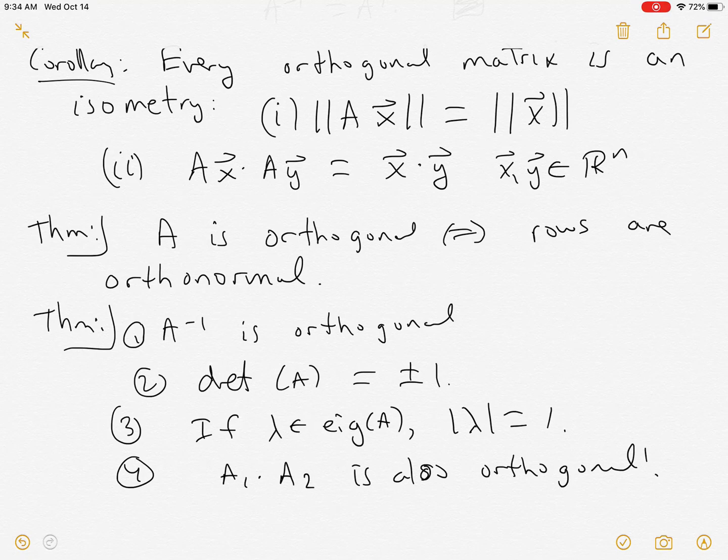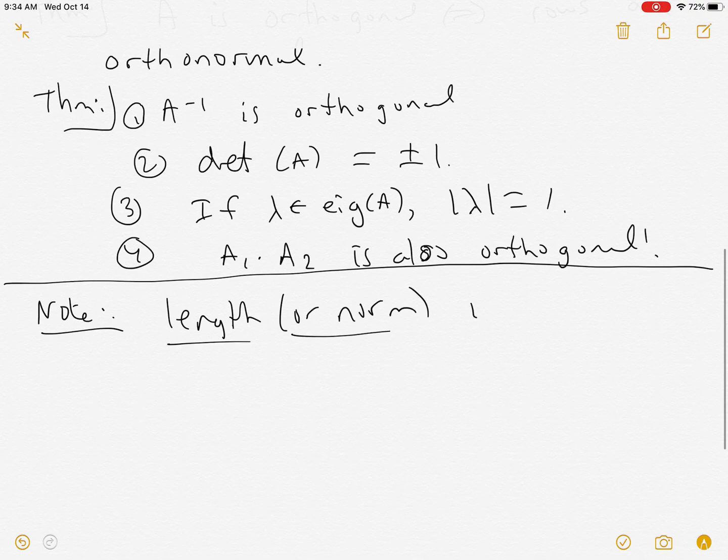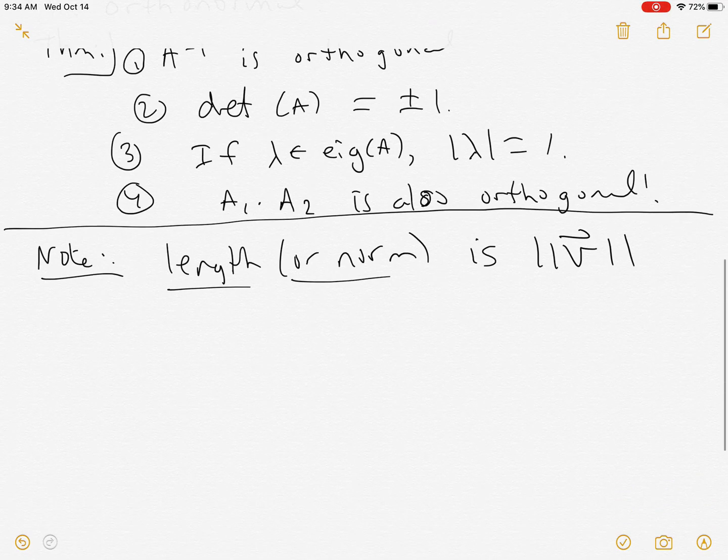So that's just stuff from before. Now note, the length of a vector, I like to use the term norm, but length or norm, is given by v double bar. In calculus or physics, some people use this, some don't. This is really universal. If you just go like this, you're really talking about R2.